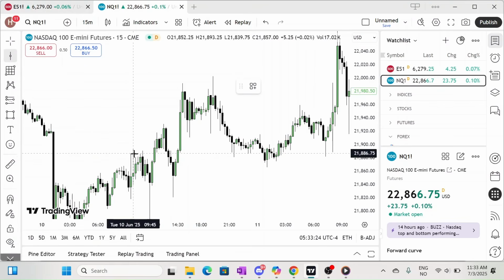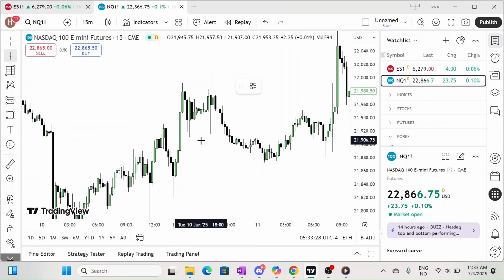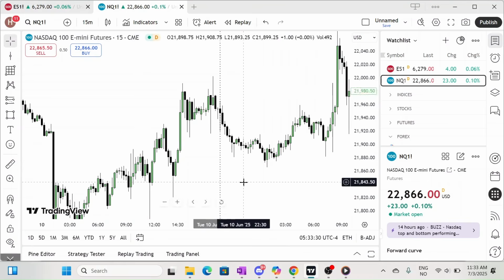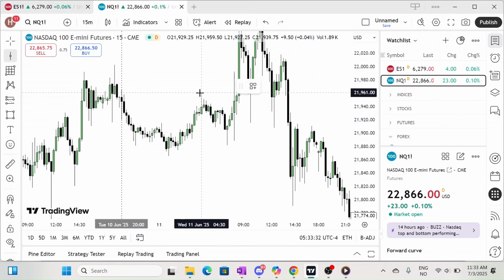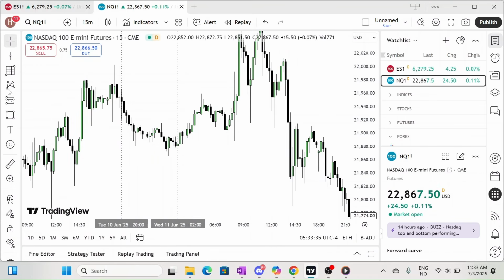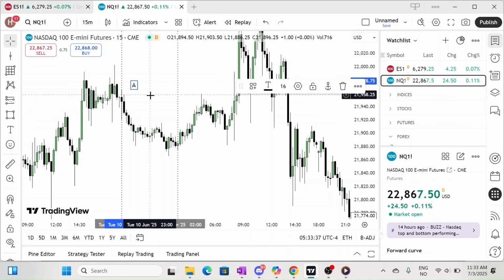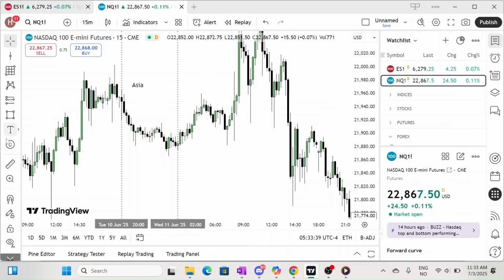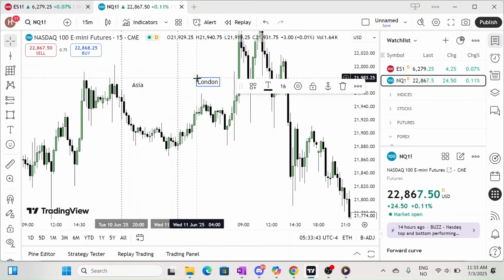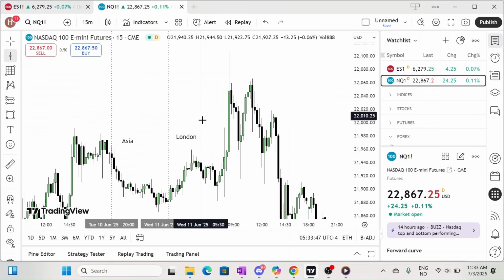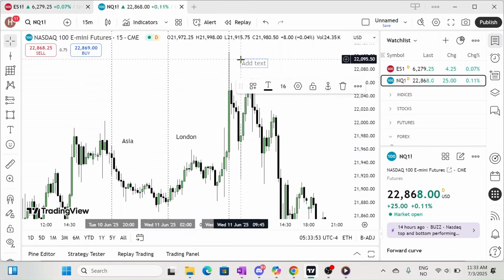Let's mark out 2 a.m., right, this is Asia, and you can mark out each session like this. This is London, to 8:30, right, and this is New York.